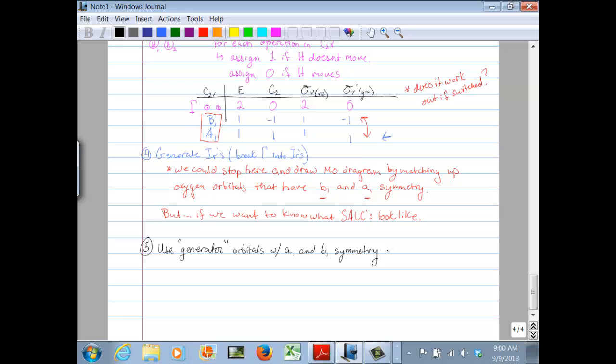And again, this is the same as our guessing thing that we did before. So we know that the A1 orbitals have S and PZ symmetry, and the B1 orbitals have PX symmetry. So I'm going to draw the S and the PZ orbital here, and my SALC, I'm going to draw in orange, would have 2 of the hydrogen 1s orbitals of the same sign.